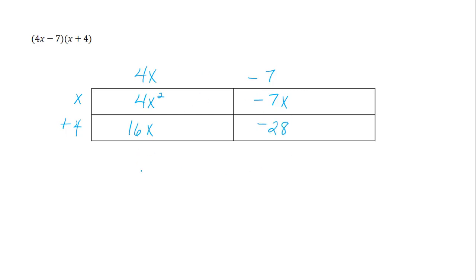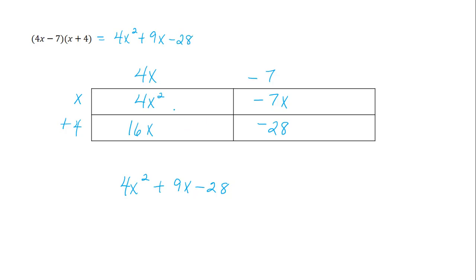So when I combine these like terms, I get 4x squared. The 16x minus the 7x on the diagonal is plus 9x. And then minus 28. So this product is 4x squared plus 9x minus 28.